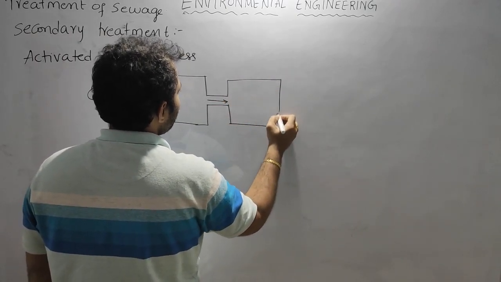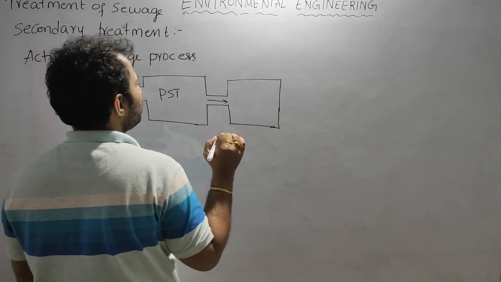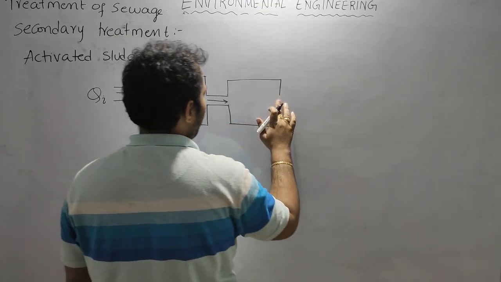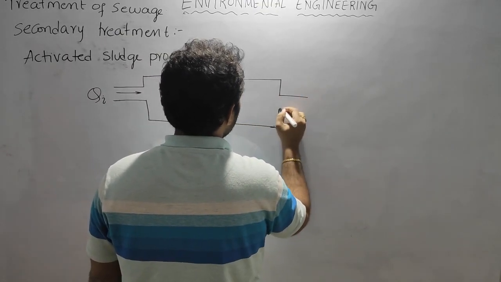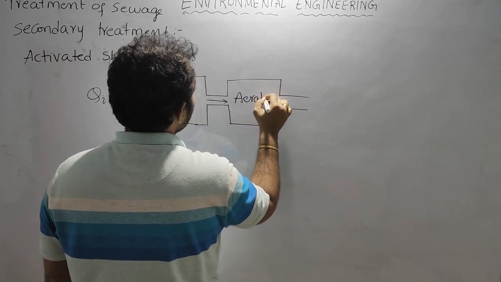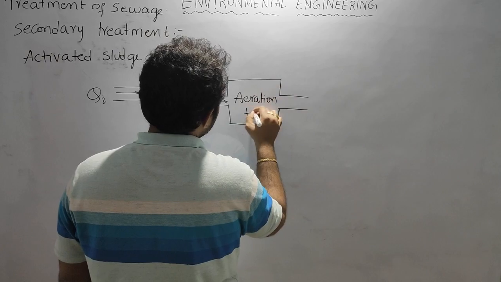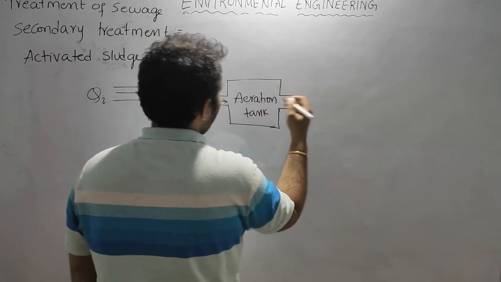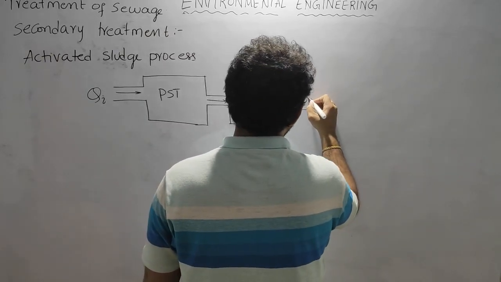This activated sludge process is a combination of an aerator, the aeration tank, followed by the secondary sedimentation tank.